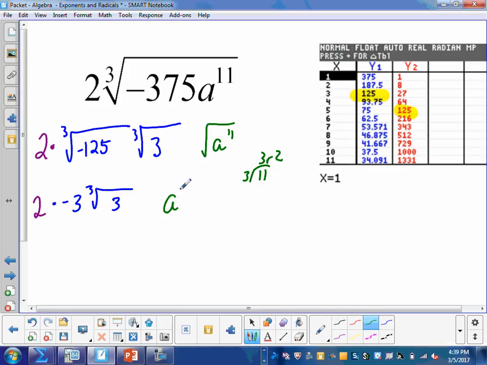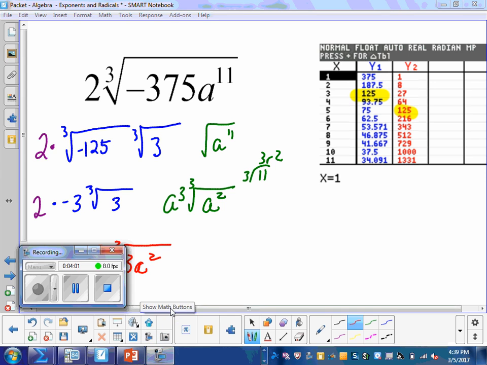So I have a to the 3rd on the outside and a to the 2nd on the inside. 3 times 3 is 9 plus 2 is 11. So my final answer is on the outside I have a negative 10 a to the 3rd cube root of 3a squared.